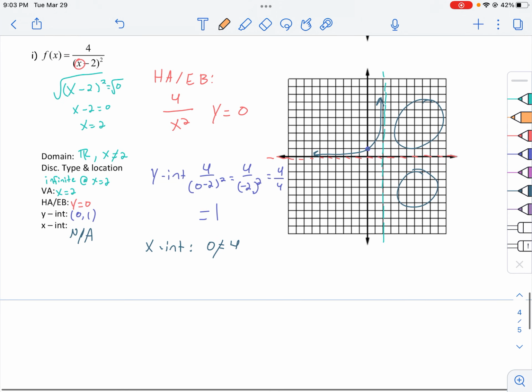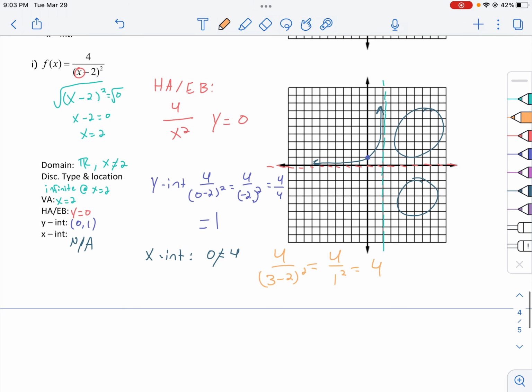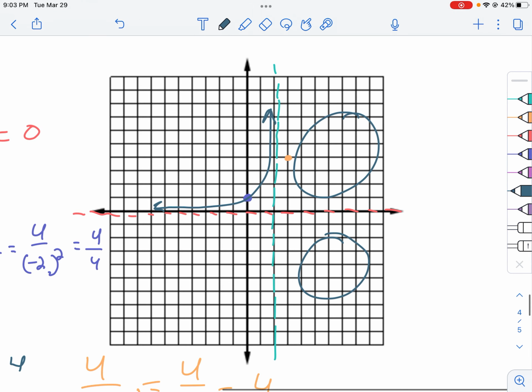Let's see where 3 ends up. So if we go 4 over 3 minus 2 squared, because we're plugging in 3, so it's 4 over 1 squared, so that would give us 4. So when we're at 3, we're at 1, 2, 3, 4, which puts us right here, which tells us we are in the top section of this graph, which we can graph.